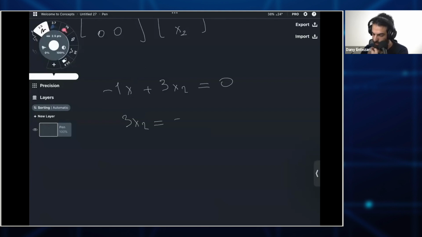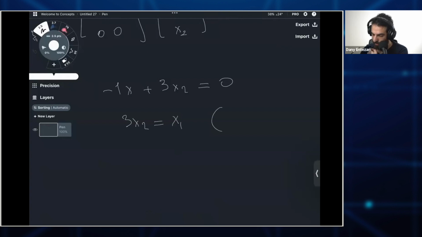So we will have 1 x sub 1, positive 1 x sub 1. And if we just lose the 1, because we don't put the constant there when it's 1, then x sub 1 is just equal to 3 times x sub 2.